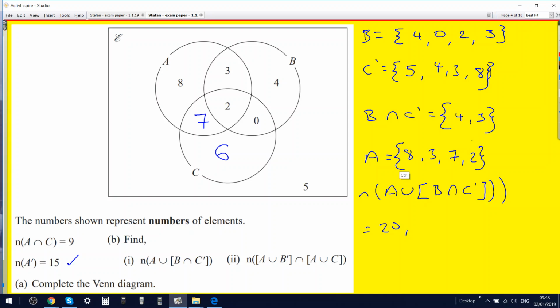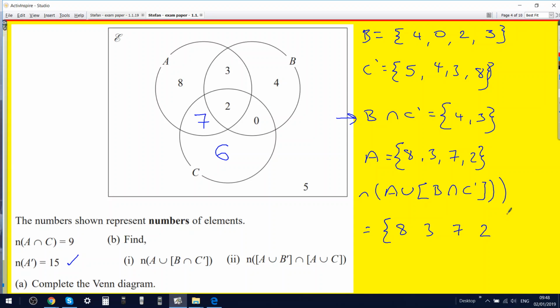So you know how A has 8, 3, 7, and 2? Yeah. And what does the other one have? 4 and 3. And so what will be the union of the two? 3. That would be the intersection. Oh, the union. Is that just all of the elements?